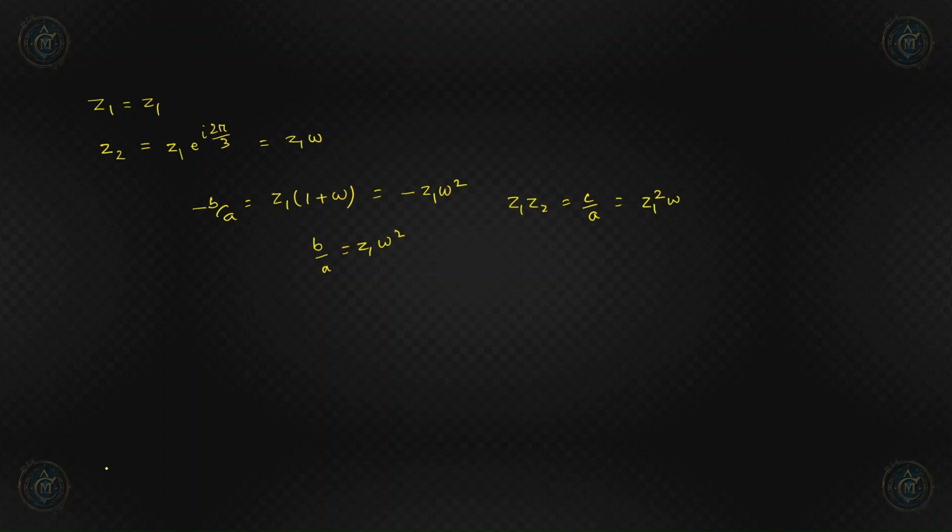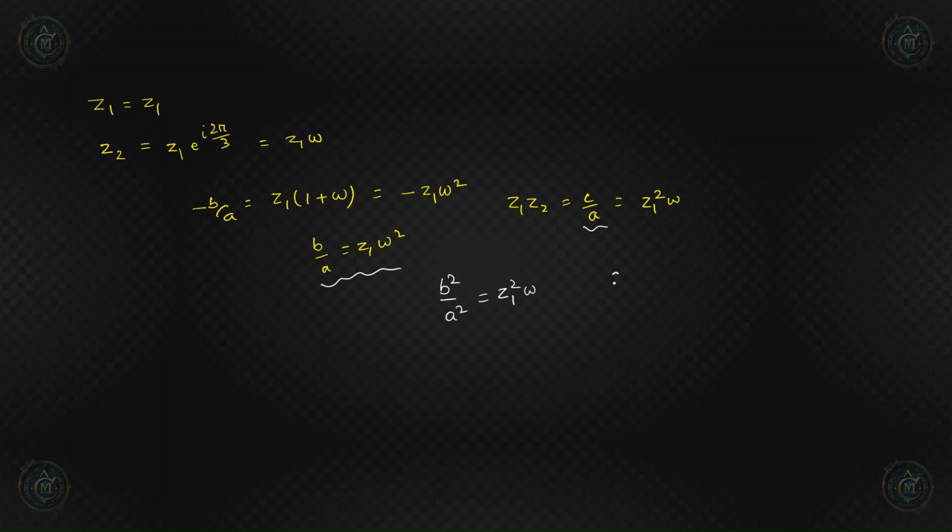So we can do a thing here, that we can square this and divide by this. Okay, so if we square this, B square by A square is nothing but Z1 square times omega to the power 4, but omega to the power 4 is equal to omega, right? Because omega cube is 1. That means we can write this Z1 square omega. That means these two are equal, right?